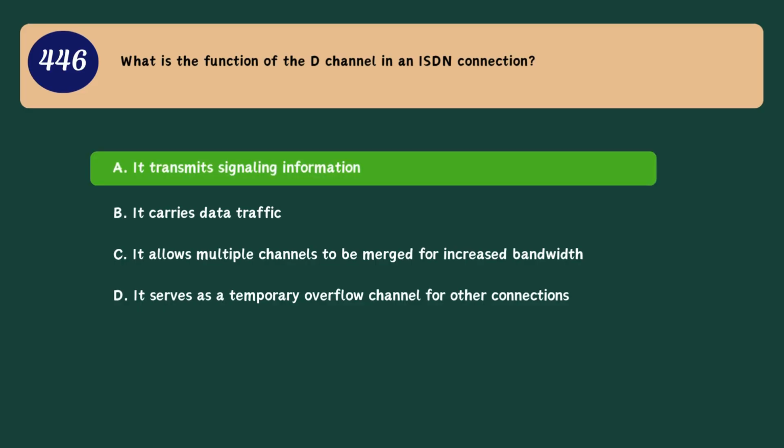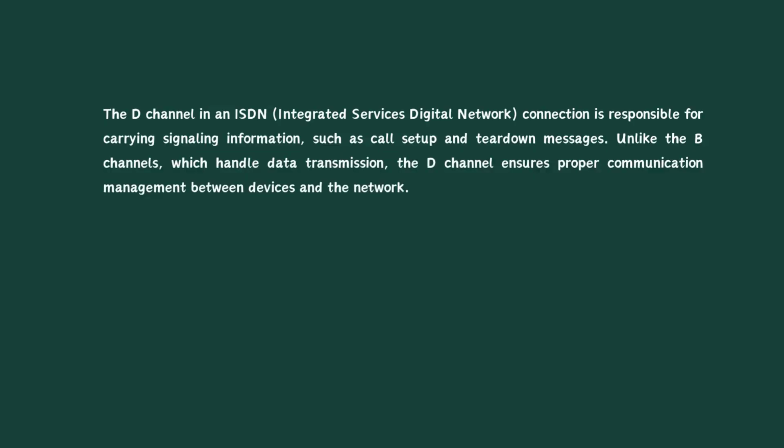Correct answer: A. It transmits signaling information. The D channel in an ISDN, Integrated Services Digital Network, connection is responsible for carrying signaling information, such as call setup and teardown messages. Unlike the B channels, which handle data transmission, the D channel ensures proper communication management between devices and the network.